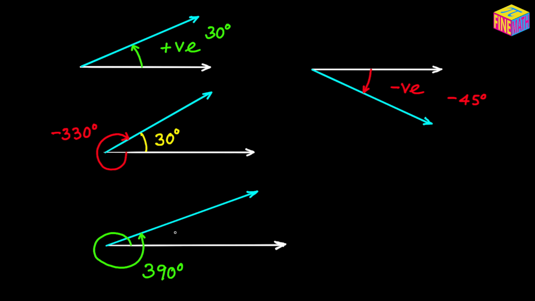If we assume that this angle is 30 degree, so let me mark it right here, then the angle that we have created, if you follow the green circular rotating path here, is a 390 degree angle, because one complete angle plus 30 degree more gives us 390 degree. Now whether it's positive or negative: because we have rotated the terminal ray in an anti-clockwise direction, this angle will be considered a positive angle, so it will be positive 390 degree. I hope the concept of positive and negative angle is clear now.